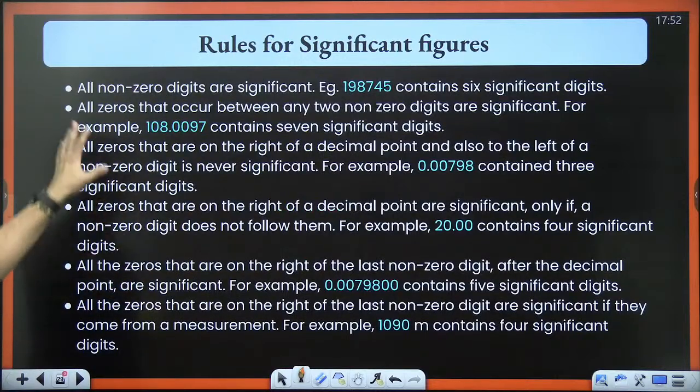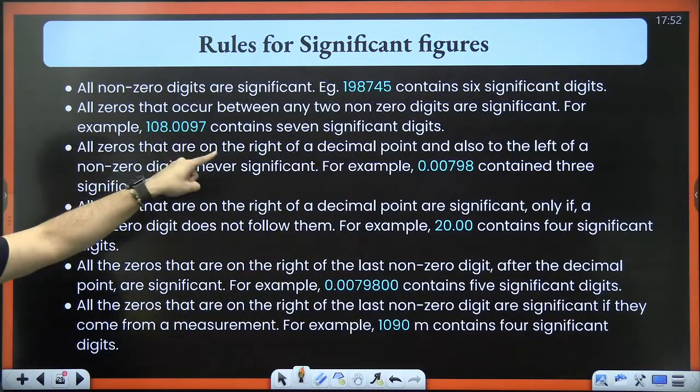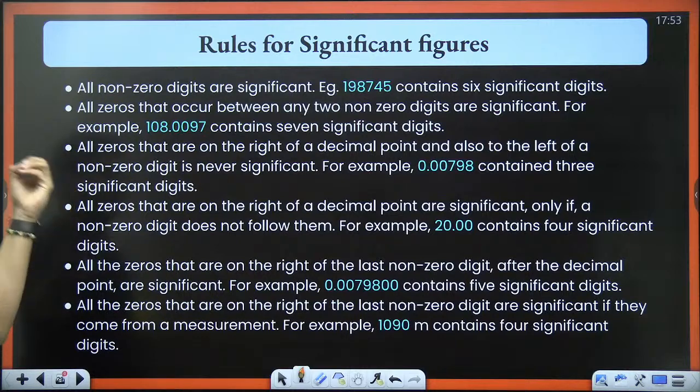The first rule says non-zero digits are significant. Zeros which occur in between are also going to be significant.